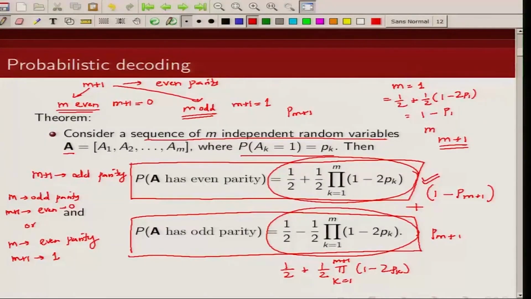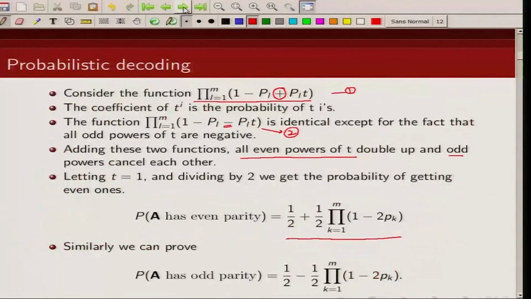So, similar to this case, we can also find out these probabilities, and if we add them up, we can show that this will be equal to half minus half product from k equal to 1 to m plus 1 of this. So, we can say that the probability that A has even parity is given by this, and the probability that some of these m random variables have odd parity is given by this. So, these are the crucial expressions that we will be using in our decoding algorithm.